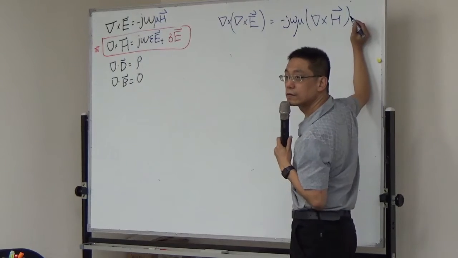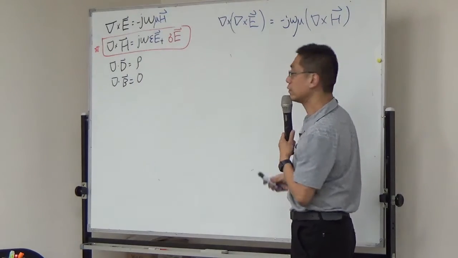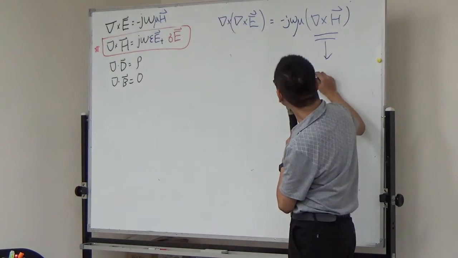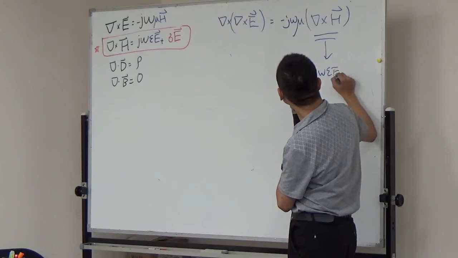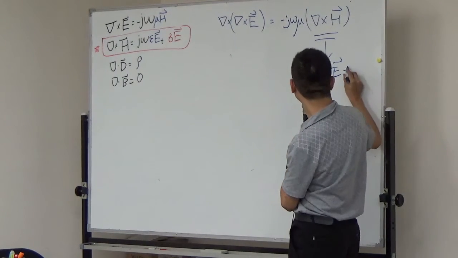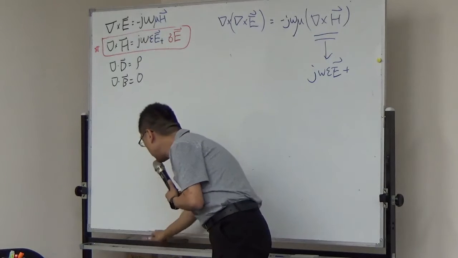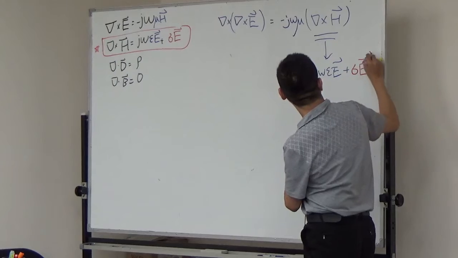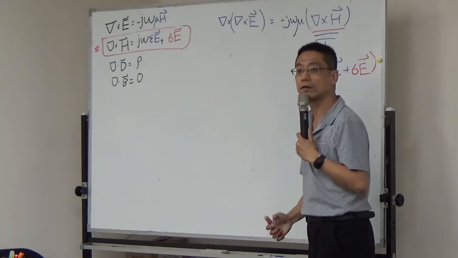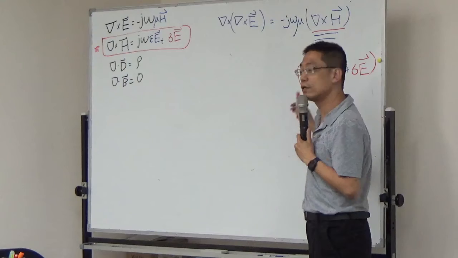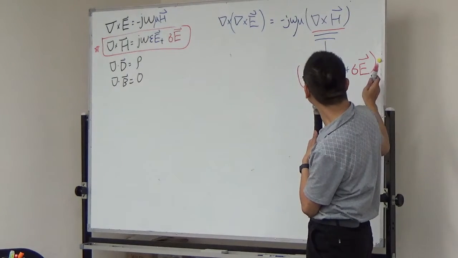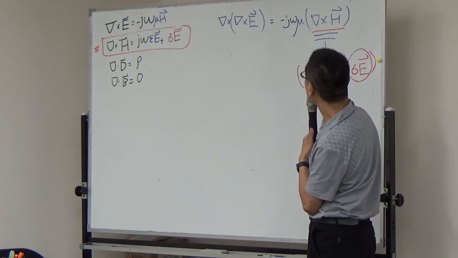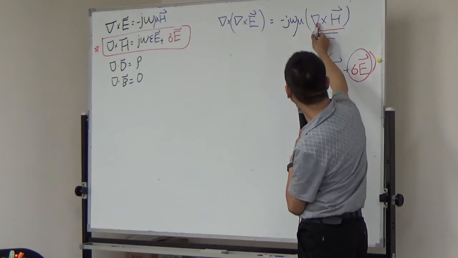Did you follow? Okay, and now for the lossless case, we put j omega epsilon E, but now we need to put our J into this term. Okay? So things are getting more complicated because you have this term, and you will take a curl on both of them.